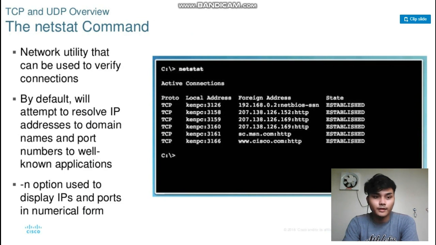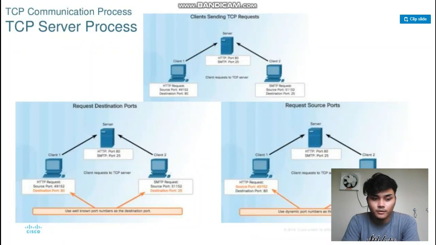We have the netstat command, a network utility that can be used to verify connections. As you can see, it shows active connections: local address, foreign address, and state. TCP and UDP.